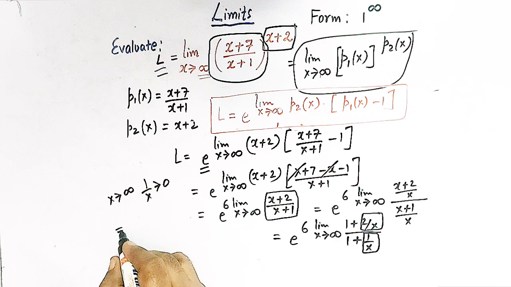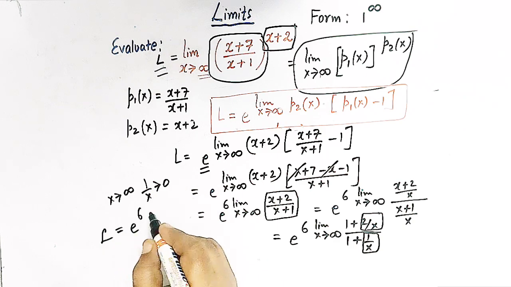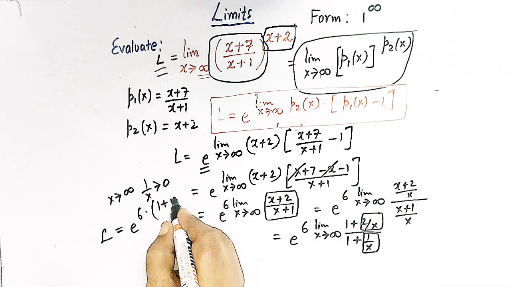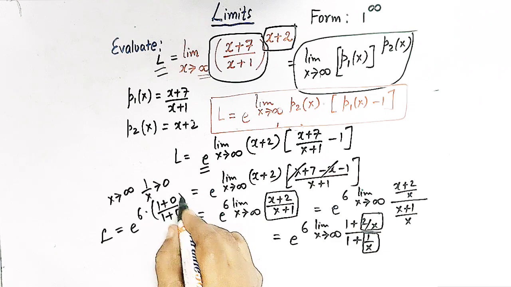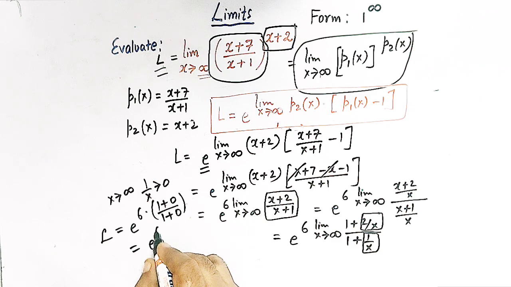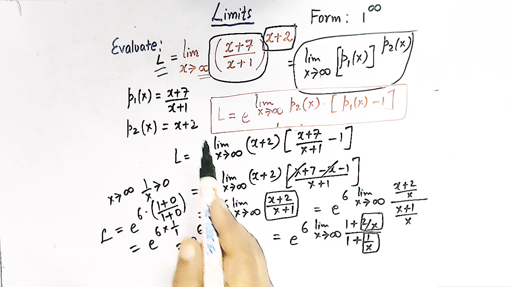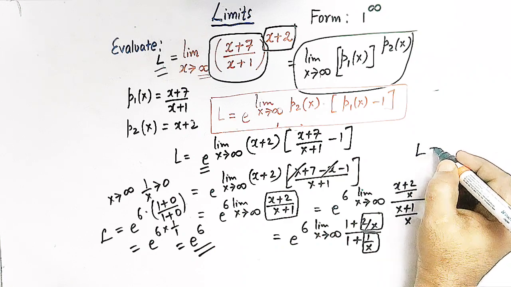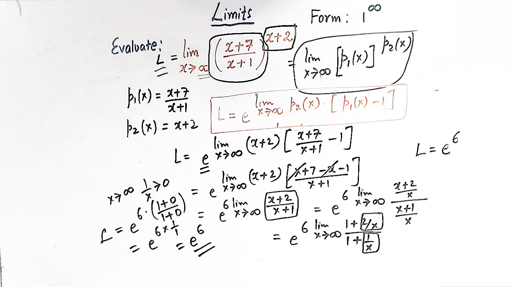So now we have the value of L as e raised to 6, with 1 plus 0 in the numerator and 1 plus 0 in the denominator. So this is simply e raised to 6 times 1 over 1, that is e raised to 6. So the value of this limit L is equal to e raised to 6, which is a finite quantity.